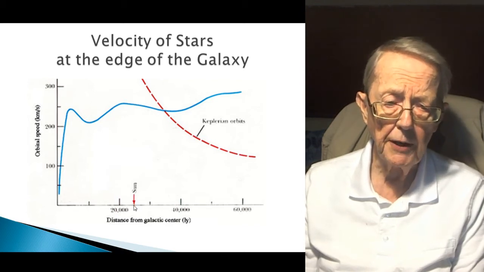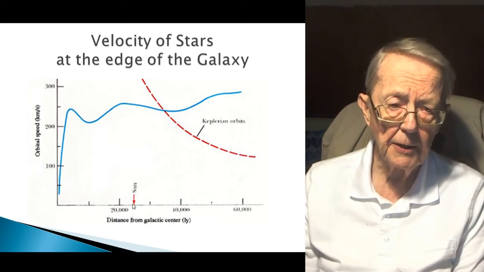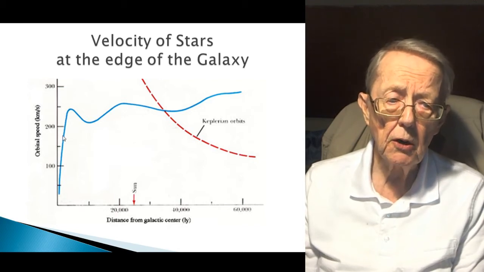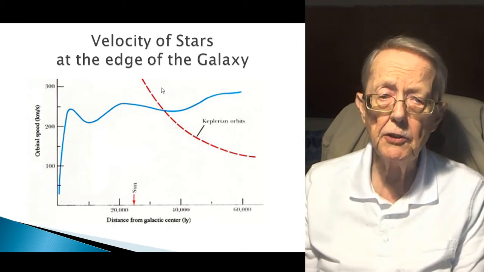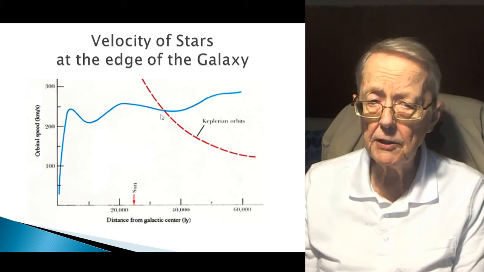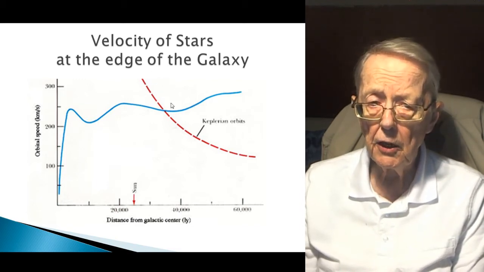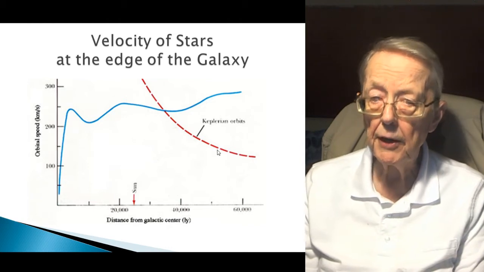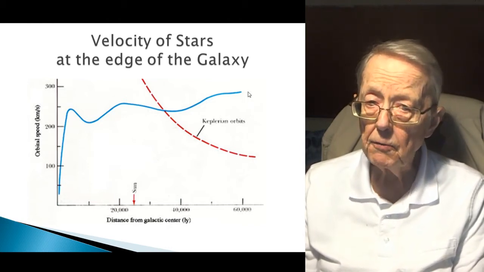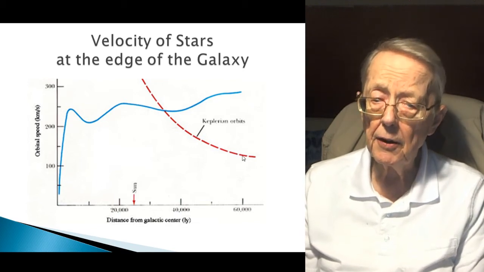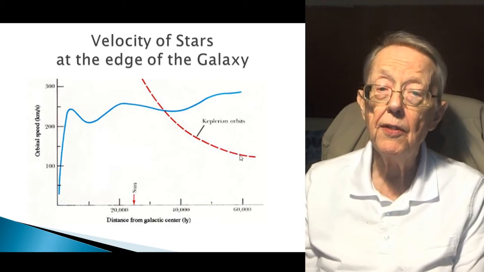It looks like about 24,000 light years. The blue curve is the measured values, the typical measured values. The red curve is the calculated values using the Keplerian equations. Measured values too high, calculated values too low, there's a problem.